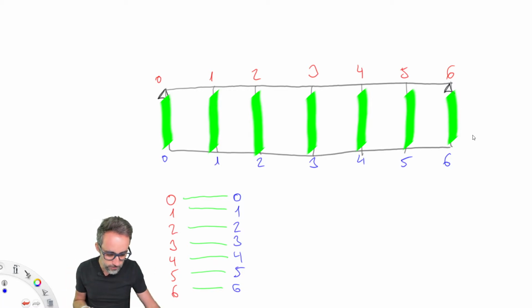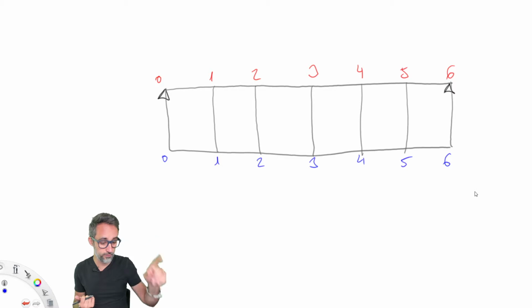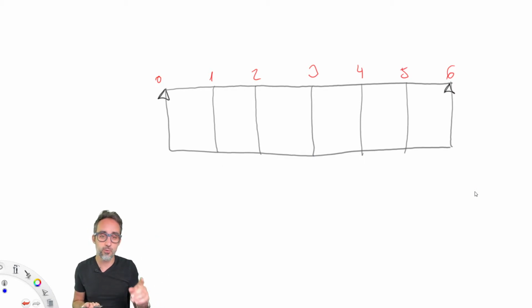Now, the problem here is going to be a little different, because what we want to do now is, instead of working with 2 separate lists of vertices like we had before, we will be working with only 1 list of points.